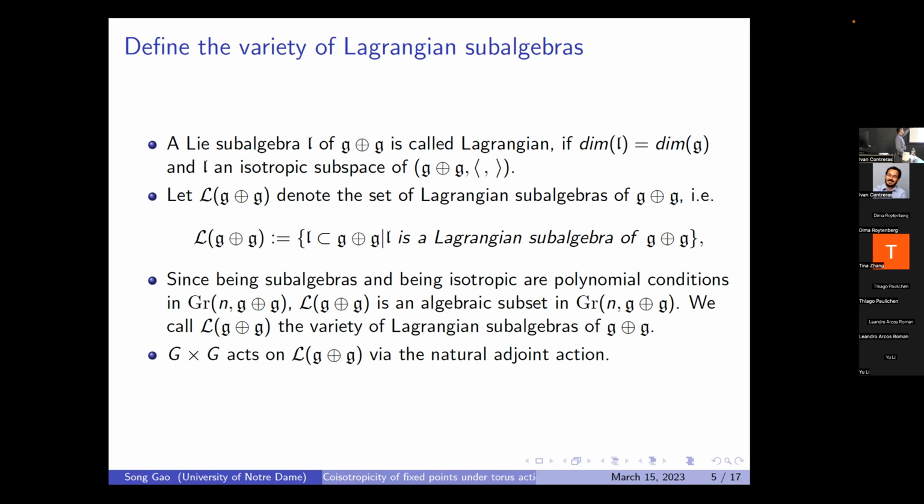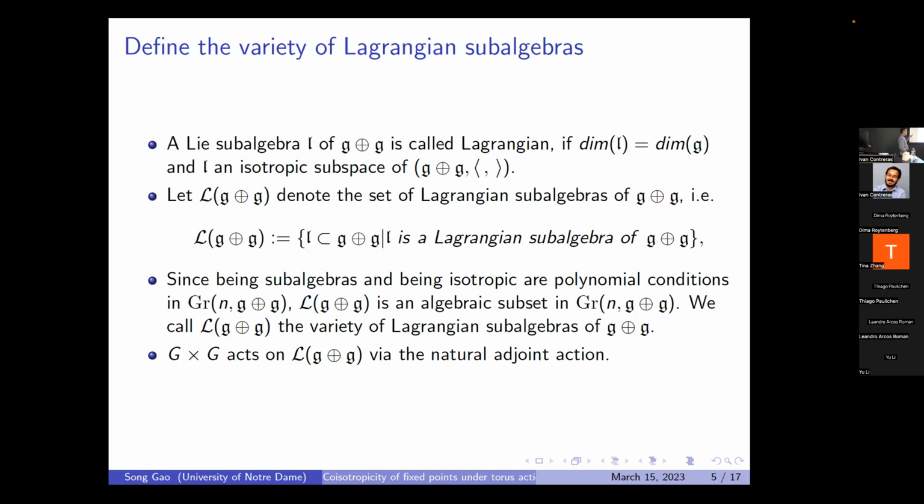In addition, L is an isotropic subspace of G plus G with respect to the inner product defined above. We use the symbol L(G plus G) to denote the set of Lagrangian subalgebras of G plus G. For simplicity, we just call it L.